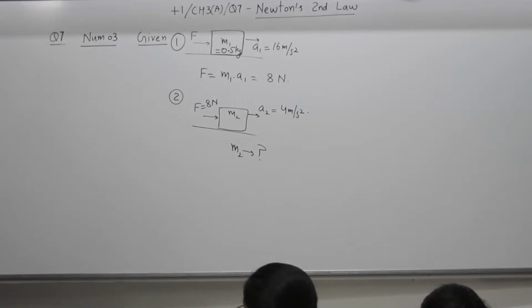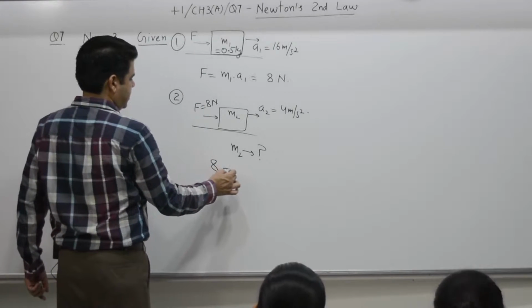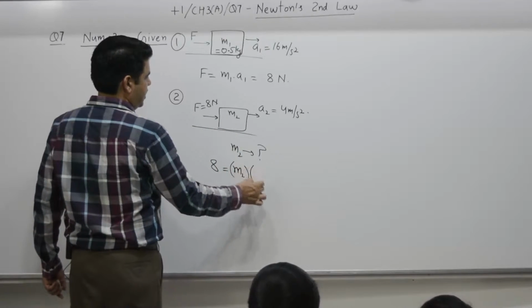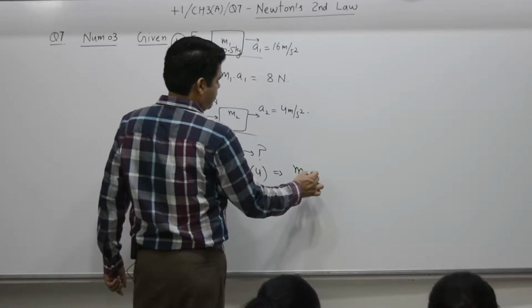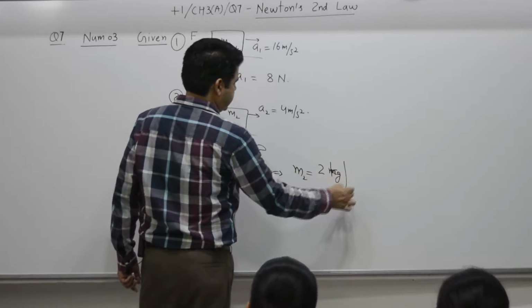Force is equal to mass into acceleration. 8 is equal to mass M2 into acceleration 4. What you get is M2 is equal to 2 kg.